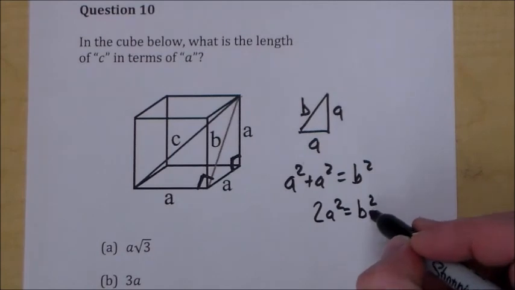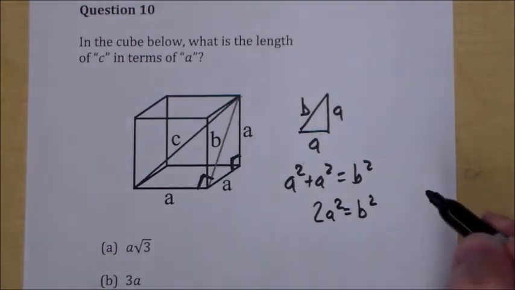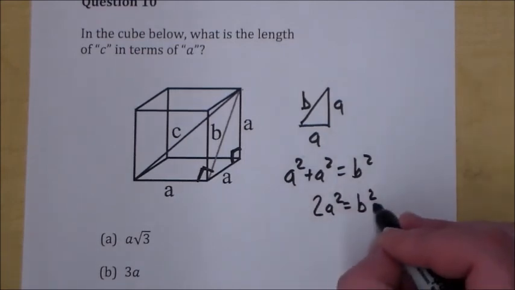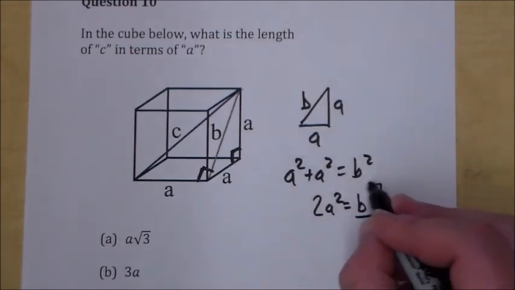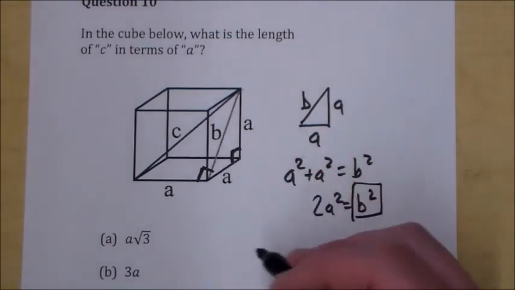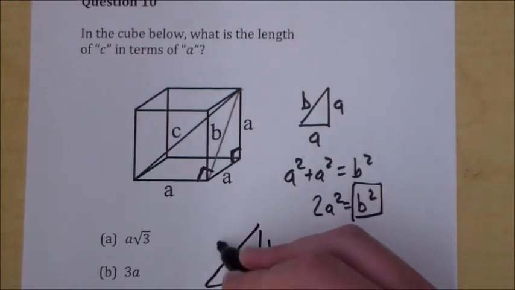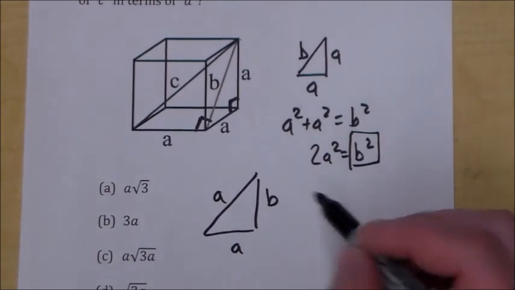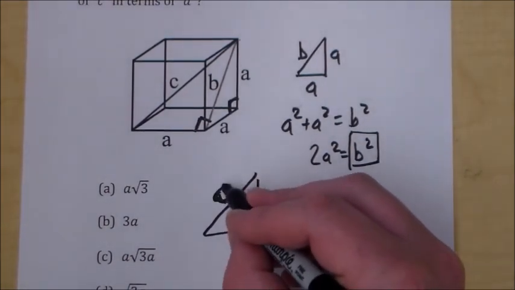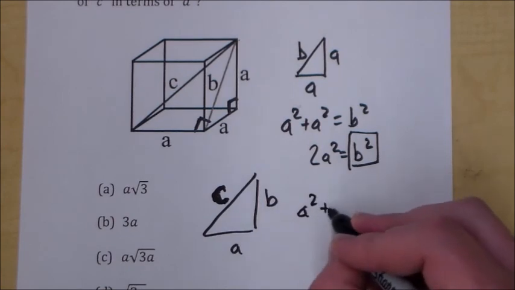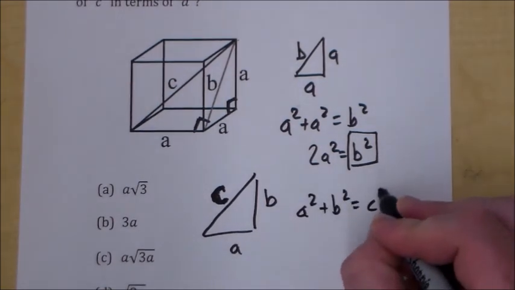Now I'm not going to get the square root of both sides, although I could. It would be fun, but I'm not going to do that right now because I know that if B, just watch what I do here, B squared here, if you have B, A, C, this is C. You're going to have, again, A squared plus B squared equals C squared.